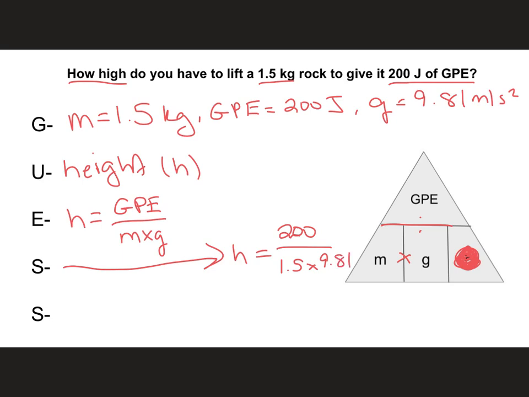That's how we're going to substitute. Once we calculate it, we should get a height of 13.61. But don't forget our units, it's in meters, so we're going to put an m for meters. And that's how I use the triangle method to solve GPE.